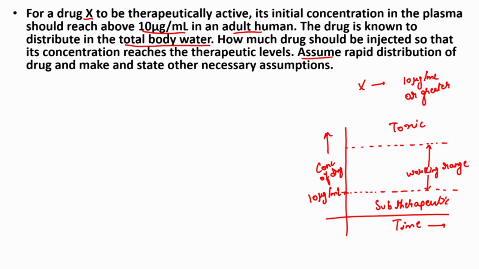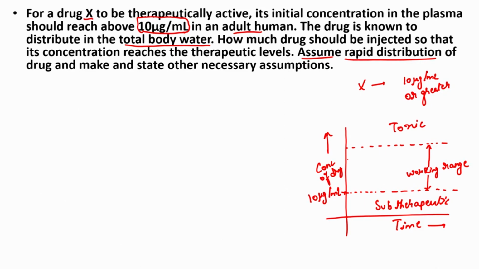Let us say I inject a drug, but even before it goes to 10 μg per ml it starts eliminating also. So, I need that rate also. That is why one of the assumptions they are making is rapid drug distribution. So, we can assume it is instantaneous for this problem, and then of course, there are a lot of other assumptions we have to make, such as the weight of the human and the total body water present. All of that assumption we will make as we continue.